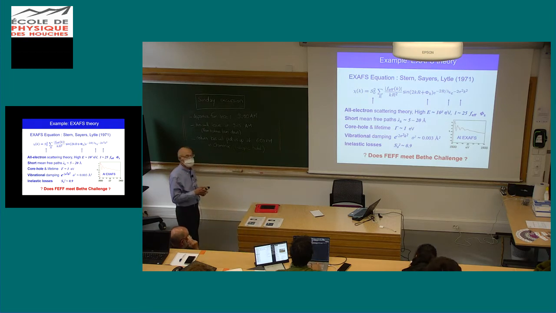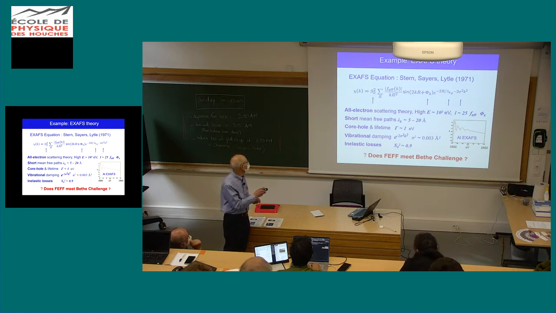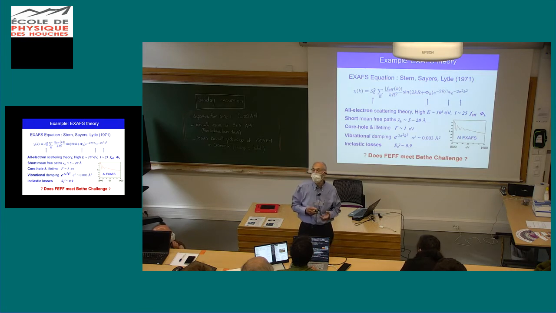It's just tricky arithmetically. You have to calculate all these scattering amplitudes and phases, put in the mean free path, energy dependent, of course, put in a core hole lifetime. I didn't discuss this, but it turns out that there's an intrinsic lifetime for every core level. This is because of Auger recombination.